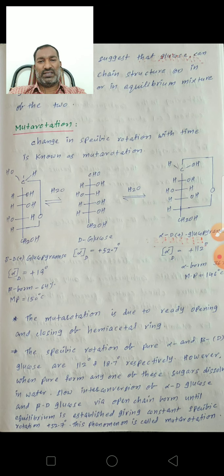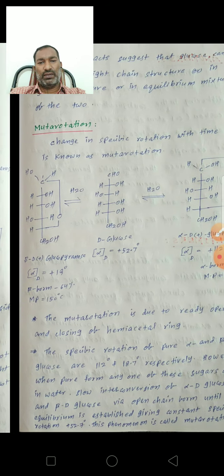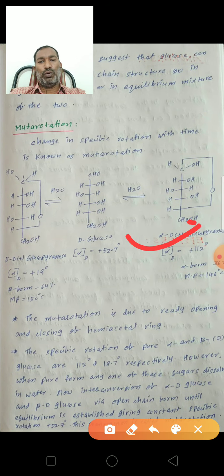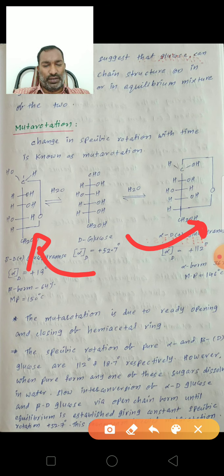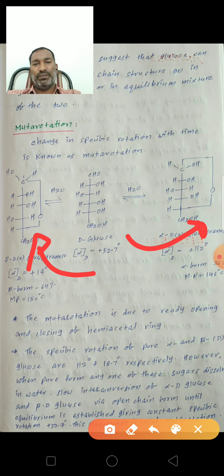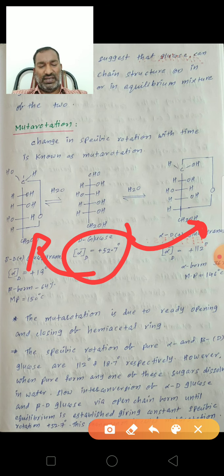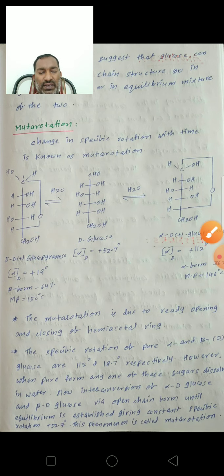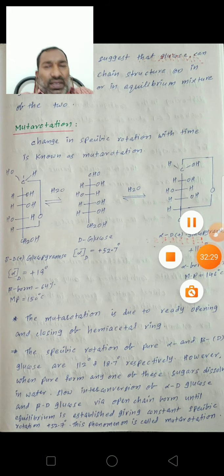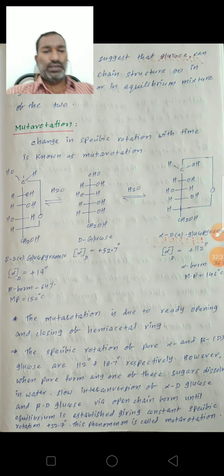This open chain structure dissolved in water will convert to alpha D glucopyranose or maybe beta D glucopyranose, via the open chain form, until equilibrium is established, giving a constant specific rotation, that is 52.7 degrees. This phenomenon is called mutarotation.